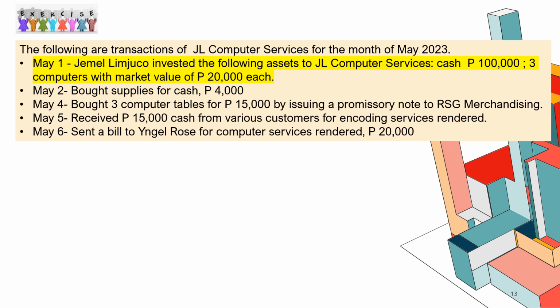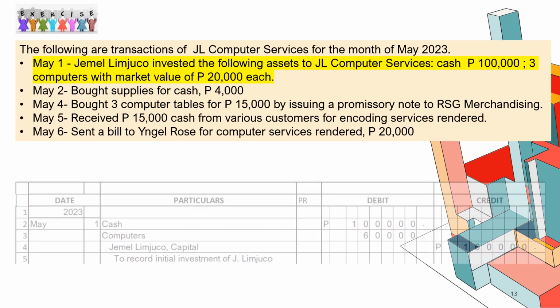So what is the credit entry? Since these two items, cash and computers, are the investment of Jemel Limhoco, then our credit entry for this is Jemel Limhoco, capital, total of 160,000. And this is how we present it.